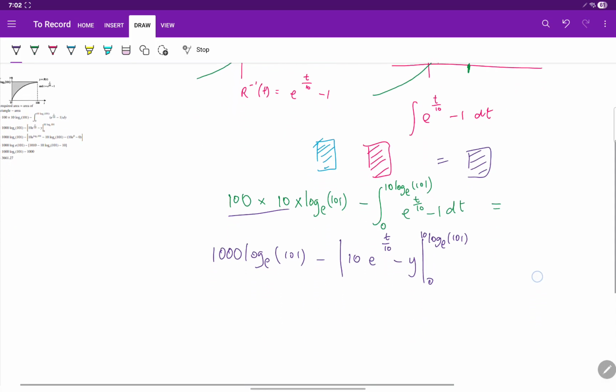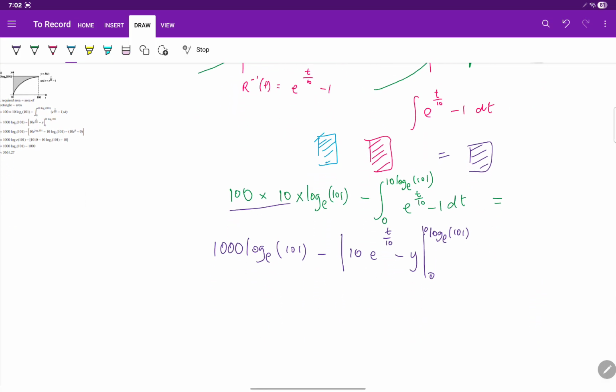All right, now from this point, we're going to just evaluate our terminals, which gives us 1000 log e 101 minus 10 e to the power of 10 log e 101, over 10, minus 10 log e 101. If we substitute 0 into there, then it gives us minus 10.